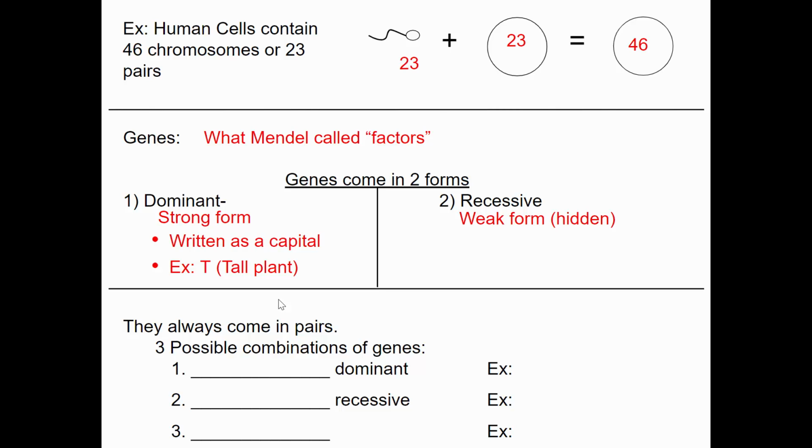So we use a capital T as its symbol. Short gene is recessive. So although you might think we would use a lowercase s, we don't usually. Guess what we use? Lowercase t.